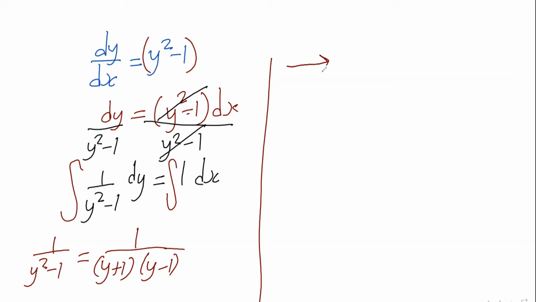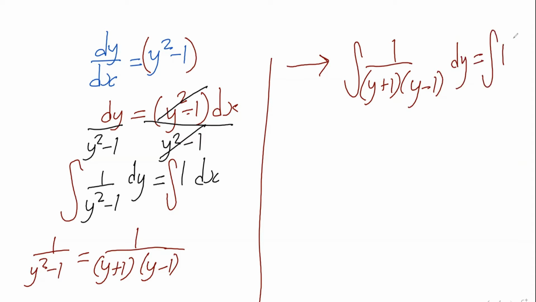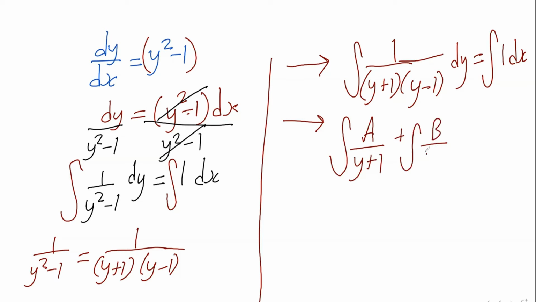So that part can simply be written as the integral of 1 over y plus 1 times y minus 1 dy equal to the integral of 1 dx. Now this part, you can go further and separate it using partial fractions, and say it's the integral of a over y plus 1 plus the integral of b over y minus 1 equal to the integral of 1 dx. That's if you want to take it a notch further.